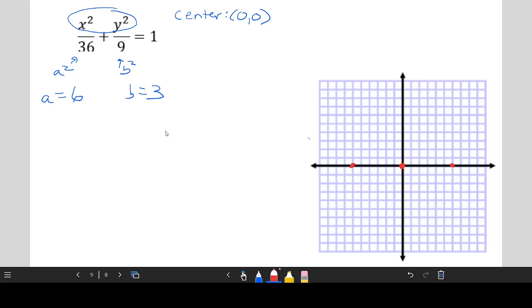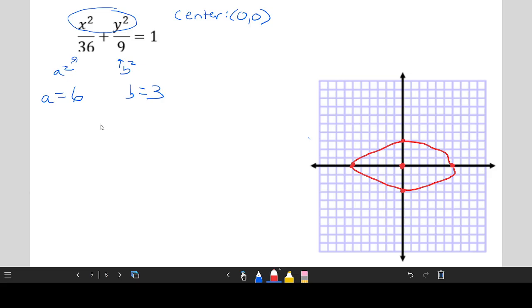So that's the long direction, and then b is 3. So we're going to go from the center up 3 and down 3 to get the highest and the lowest points on the ellipse. And then we can just kind of draw it in the best we can. Mine is definitely not going to be that great.